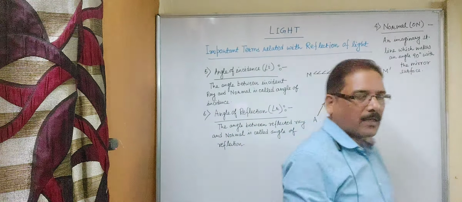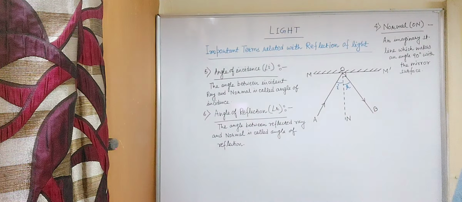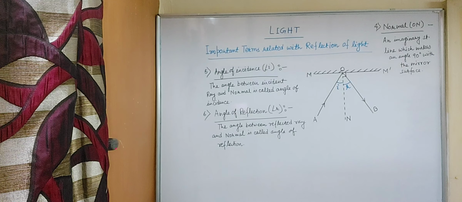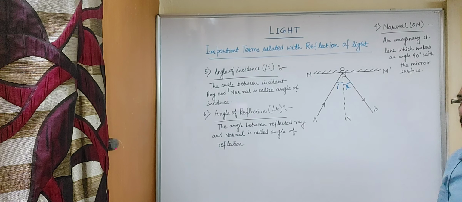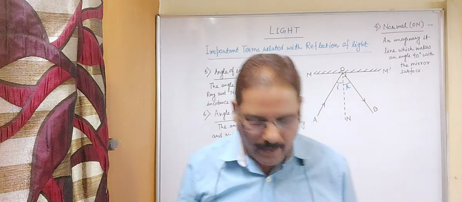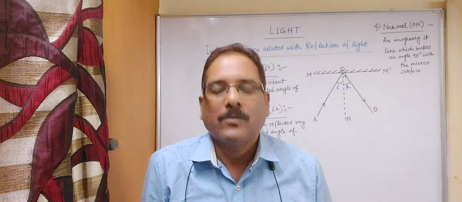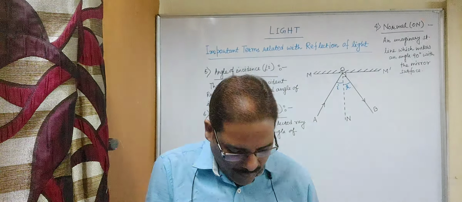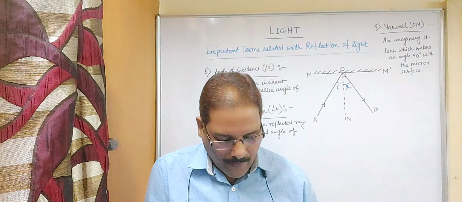So these are the six important terms related with reflection of light, children. You must note them down in your classwork copy, and not only note them down but must learn them. We have to use them several times, and you must make a clear concept of them so that you can understand further.